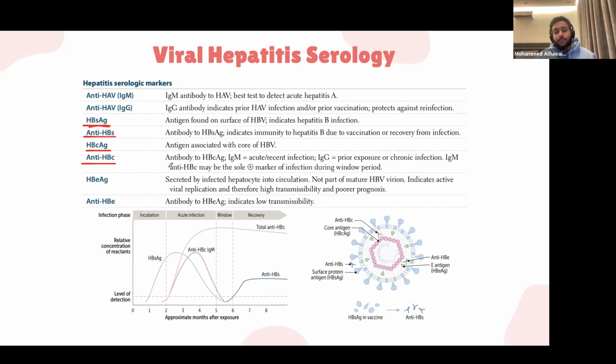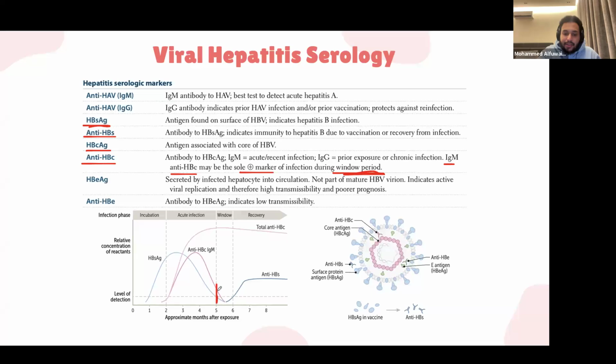Now, other than that, an important part of the IgM core antibody is that if it's the only thing that's elevated, it indicates something called the window period. What is this window period?